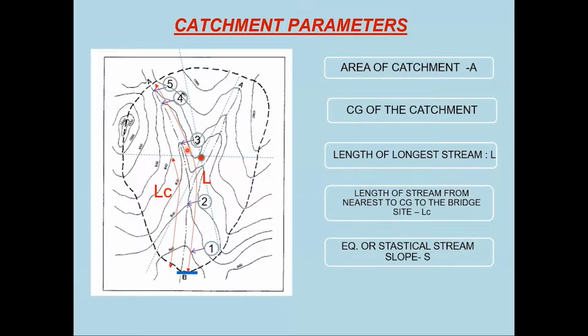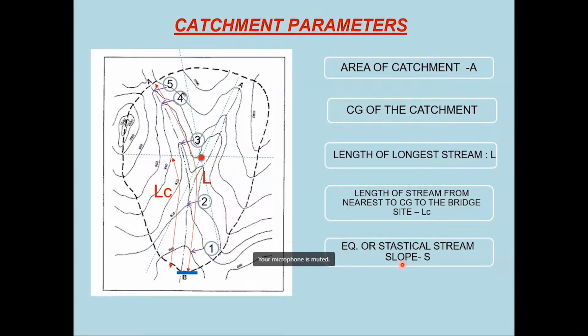So this is the bridge location. This is the longest stream. So the length of the longest stream, L, and the length of the stream from the point nearest to the CG to the bridge site, this length, LC. And the equivalent or statistical stream slope.